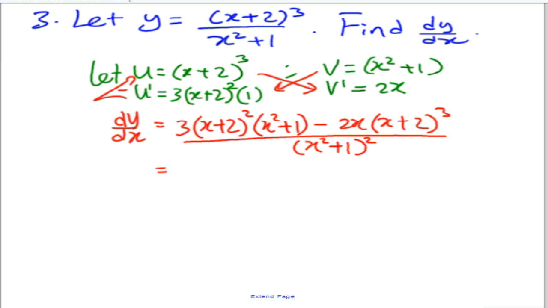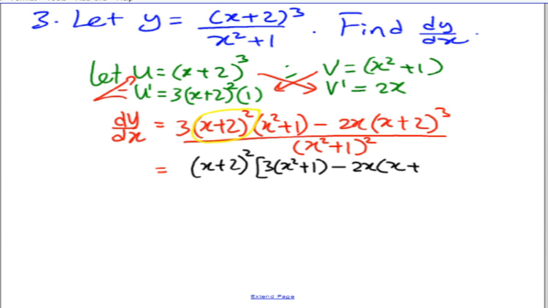So simplifying this, you can see that the common factor here in the numerator is this (x plus 2) squared. So (x plus 2) squared, and then big square bracket 3 times (x squared plus 1) minus 2x times (x plus 2), and then divided by (x squared plus 1), everything squared.